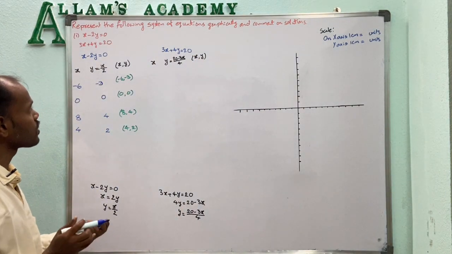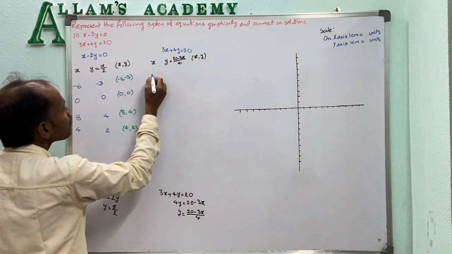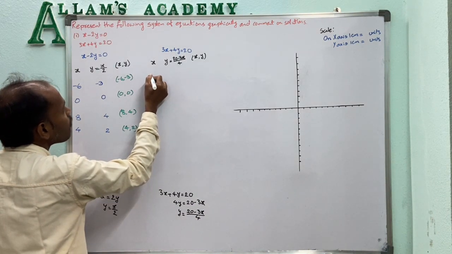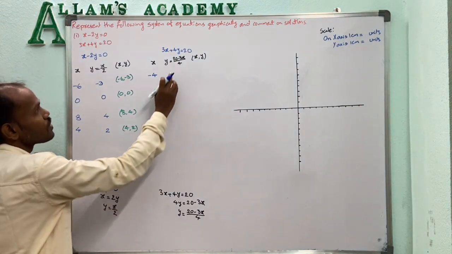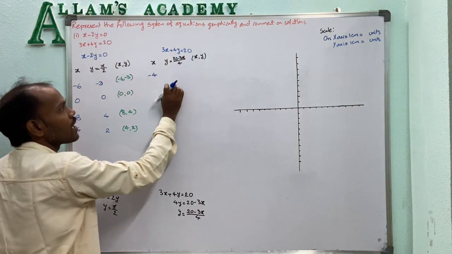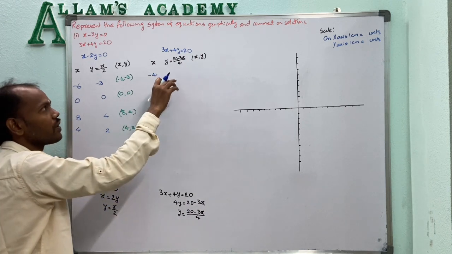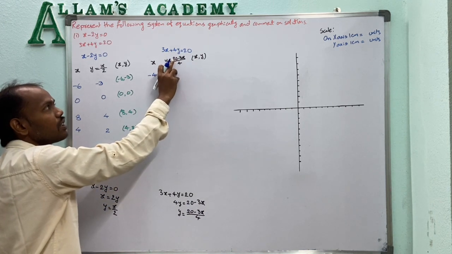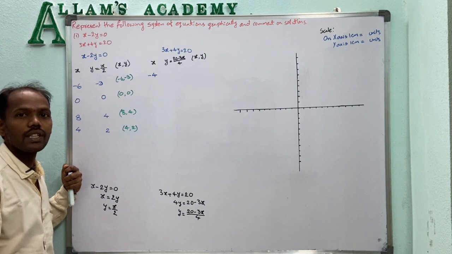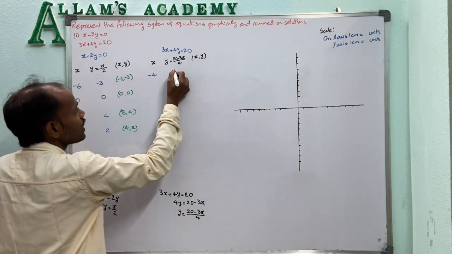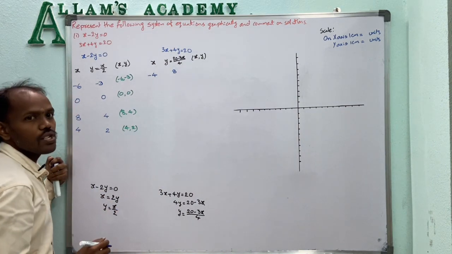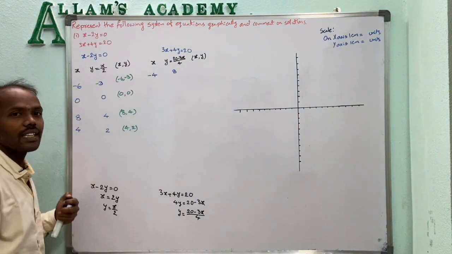If we substitute minus 4, then what happened? Minus 3 into minus 4 equal to plus 12, 12 plus 20 equal to 32, 32 by 4 means 8. So substituting minus 4, 8 is coming.